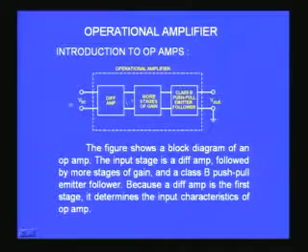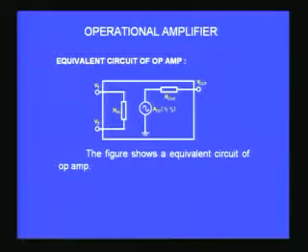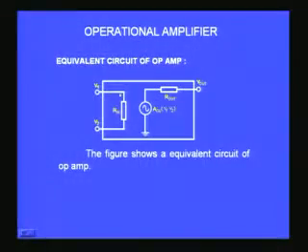You can see that this simple diagram is the simplification of what you saw previously in the earlier style, which has got 20 transistors, 11 resistors, capacitors, etc. But as far as a given circuit is concerned, when you want to analyze a circuit, it is much simpler to look at an amplifier, be it a normal amplifier or an operational amplifier. Every amplifier at the input side will have one simple Rin, the input resistance, and at the output side I can isolate and replace it with a voltage source, where the voltage source is given by AOL into (V1 minus V2).